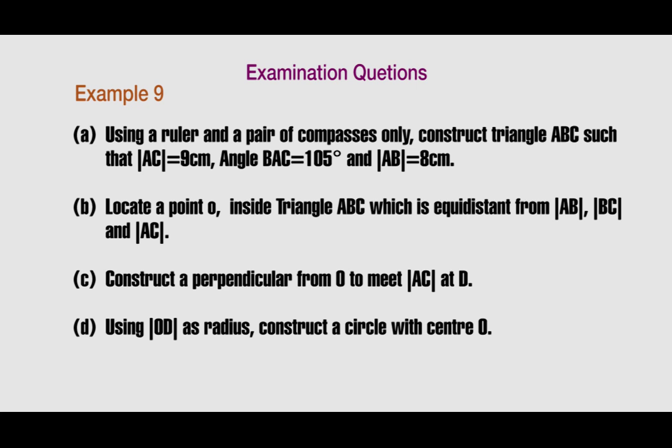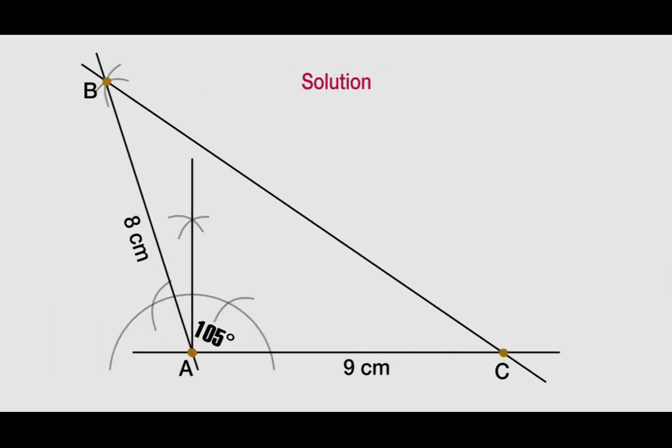D. Using the length OD as radius, construct a circle with center O. Good. Let's take the solution. We construct the triangle using the method discussed earlier on. This is a triangle with two sides and an angle given. So this gives the triangle, as you can see. Now B, the B part of the question.